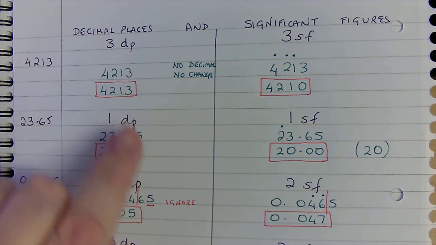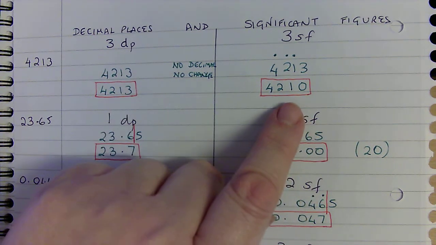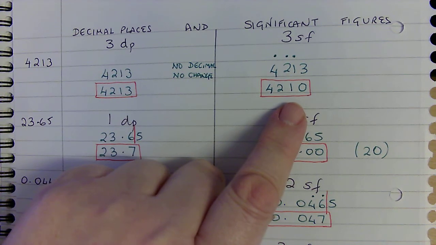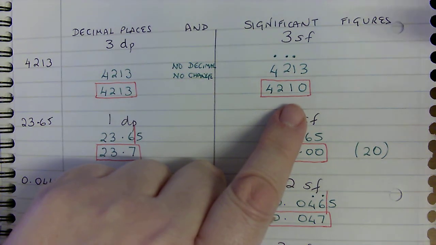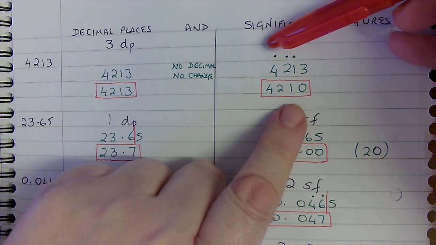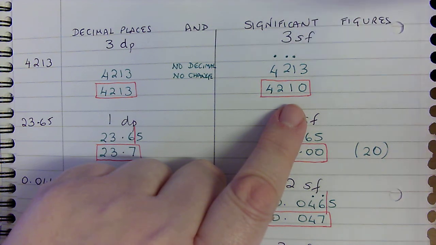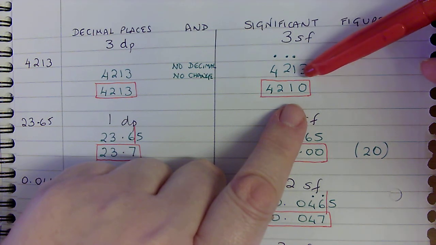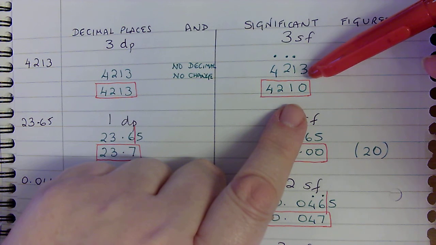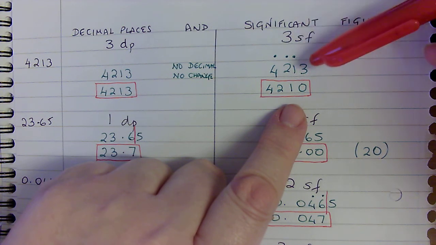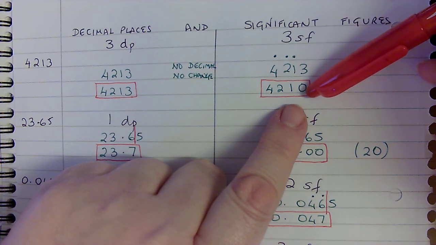But if we're asked to round it to 3 significant figures, then for significant figures we start to count non-zero digits from the very beginning of the number. So you can see the dots above the 3 significant figures in which we're interested. We discount the last one because we're only interested in 3 of them. However, we must put in its place a placeholder of 0.